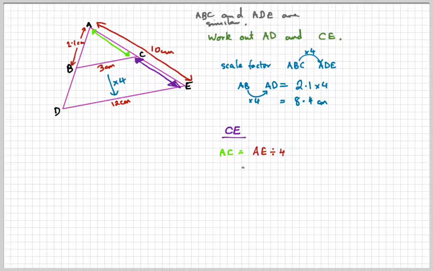Because we know the scale factor is times 4, so to go the other way, we divide by 4. 10 divided by 4 is 2.5. So that means that green length there is 2.5. AC is 2.5. Okay? Now this makes the question very easy. Once we know AC, we know that CE is just AE take away AC. So that means that CE is going to be 10 take away 2.5, which is 7.5. Okay? And that's it for this question.